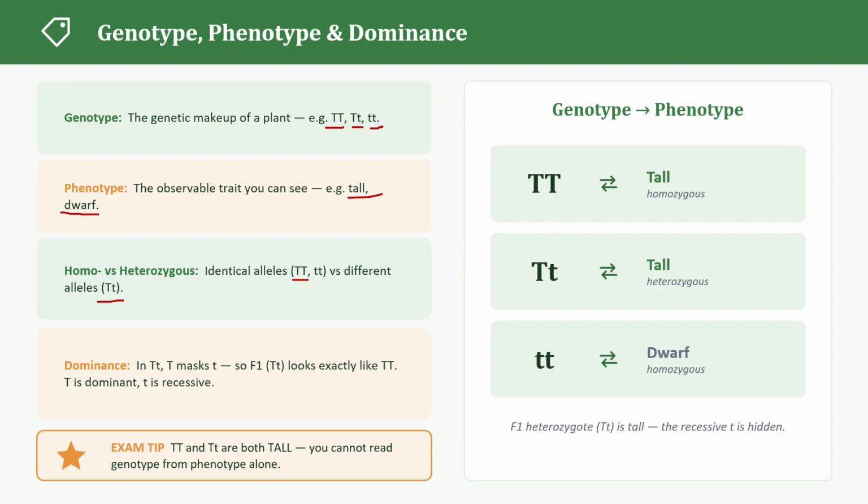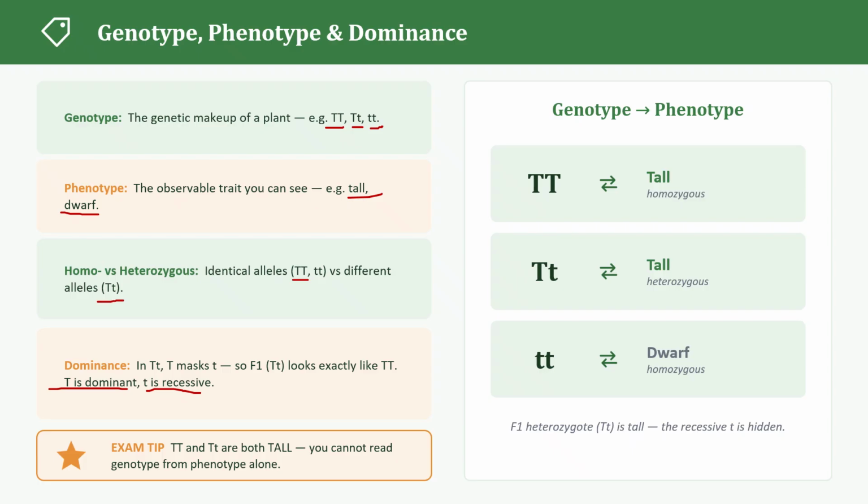He said that capital T is dominant and small t is recessive. This phenomenon he called dominance. Although TT and Tt are genetically different, both appear tall.